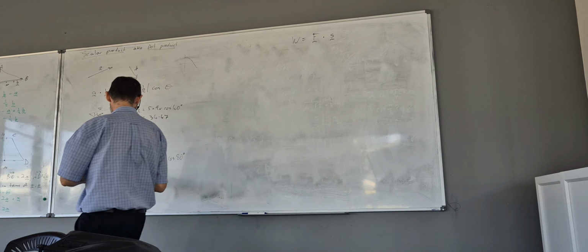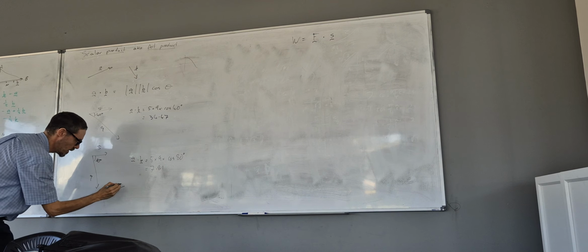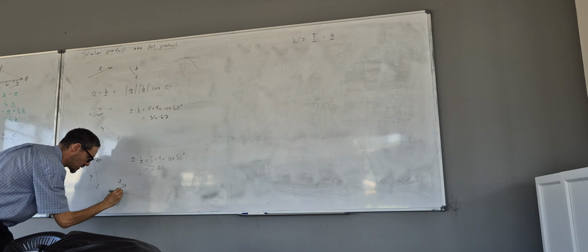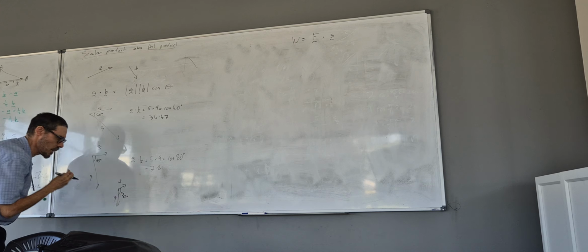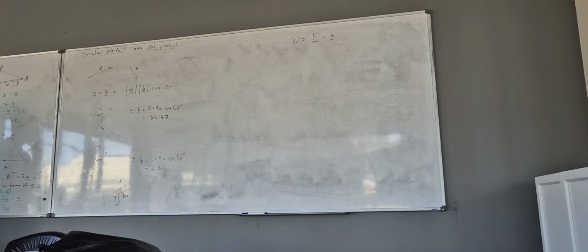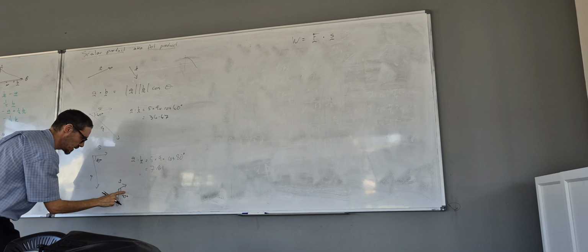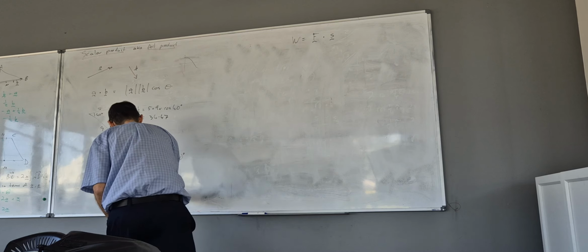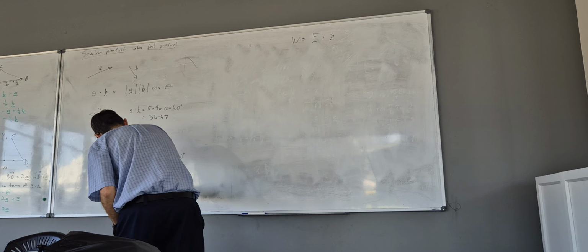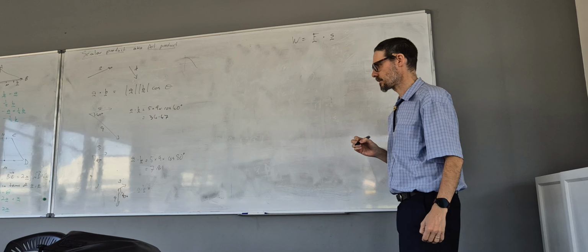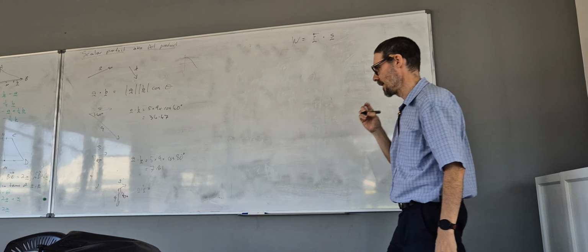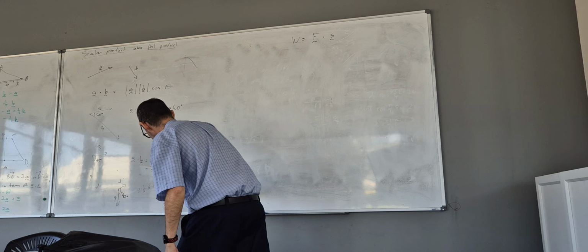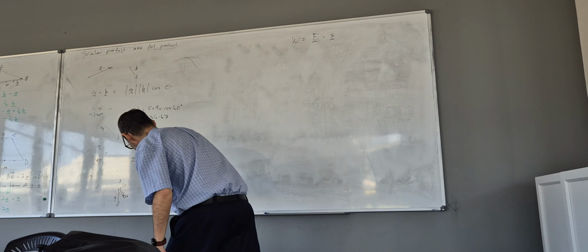What happens if this angle is 120 degrees, with lengths 5 and 9? Then what's my dot product? 5 times 9 times cos 120 degrees.